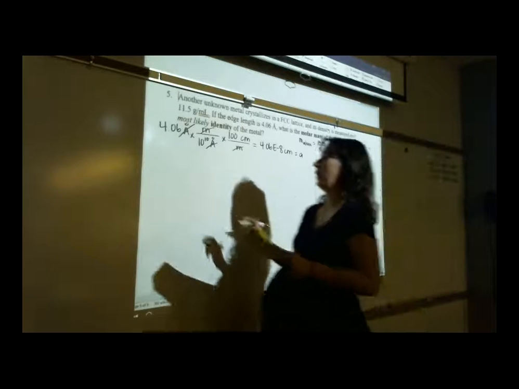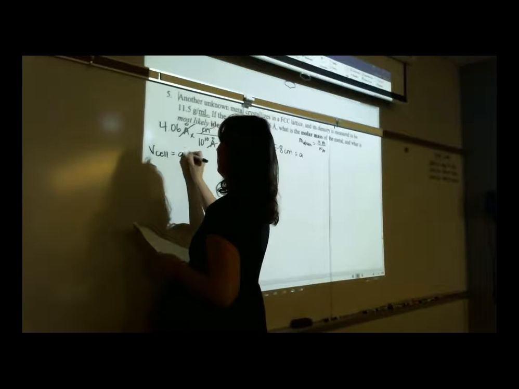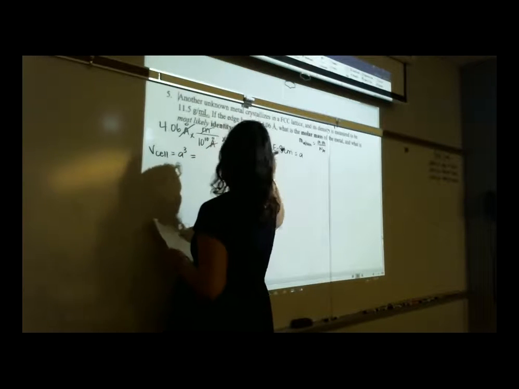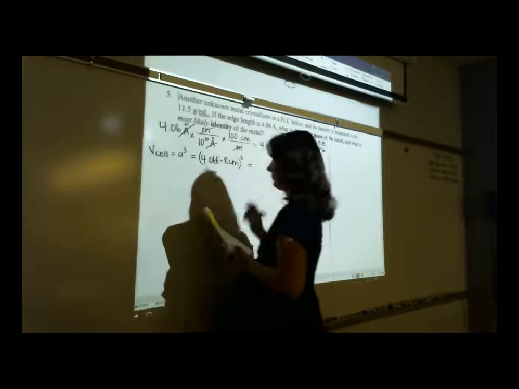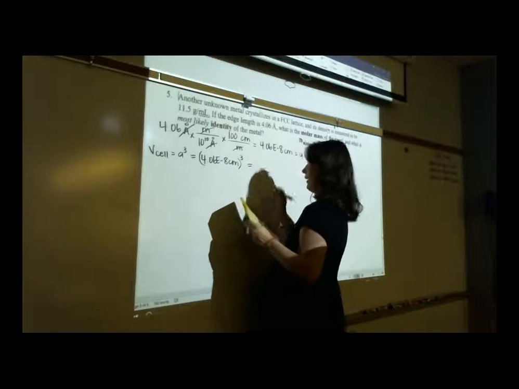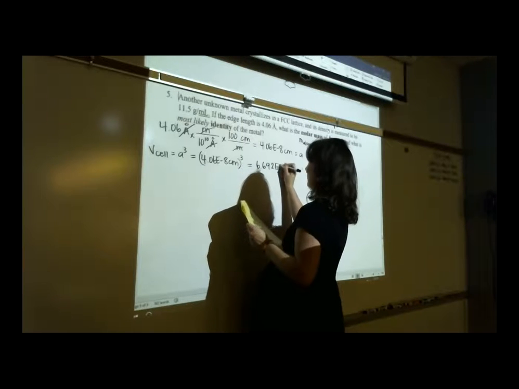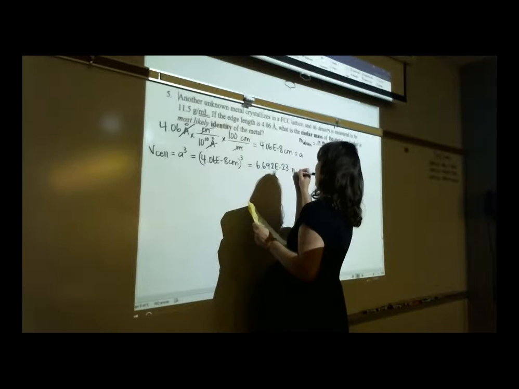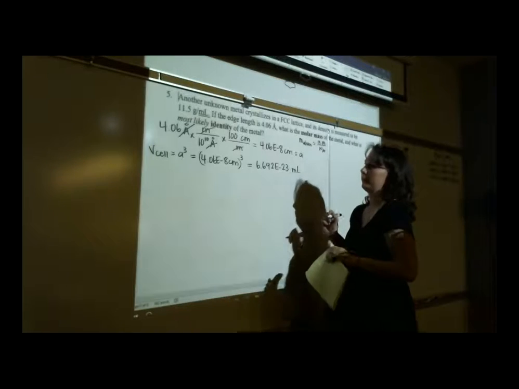So now we want volume of the cell. So we're going to take that and we're going to cube it. So I got 6.692 times 10 to the negative 23rd milliliters, right? Because centimeters cubed and milliliters are the same thing.